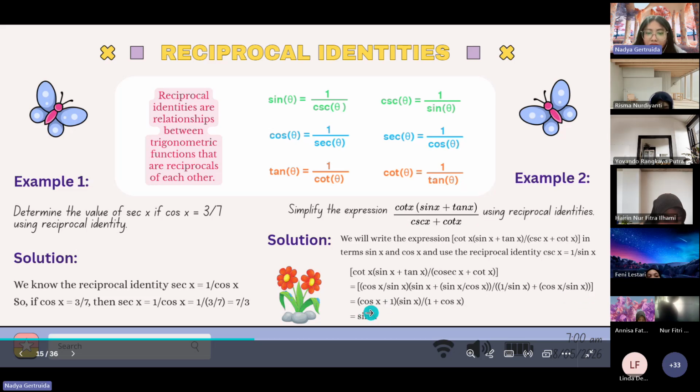And then cosine x added to 1, close bracket, open bracket sine x divided by 1 added to cosine x, and the result is sine x.